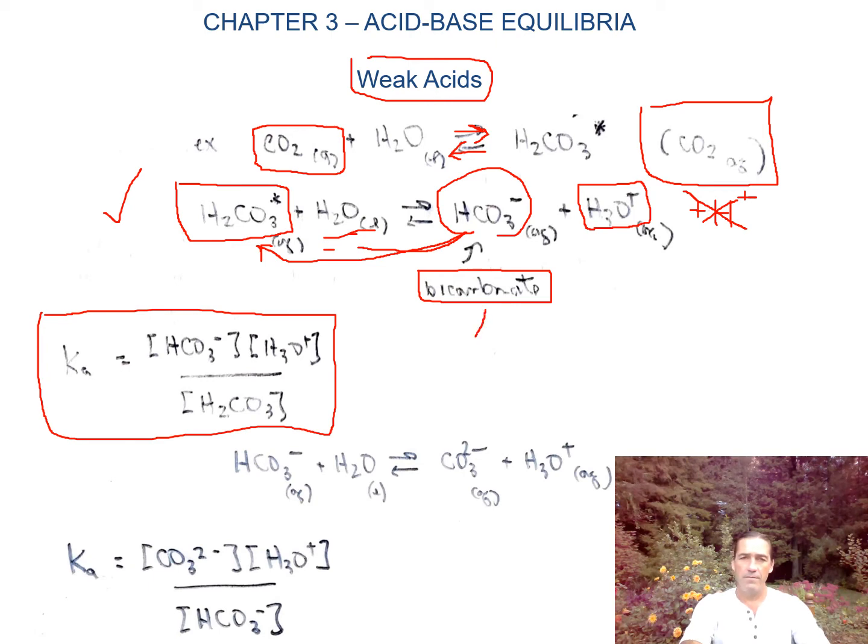Well, let's take our bicarbonate and treat it as an acid. It has a proton that can be donated. It has an acidic proton. And so here it behaved like a base, but now it is going to react with water, which is a base in this reaction.